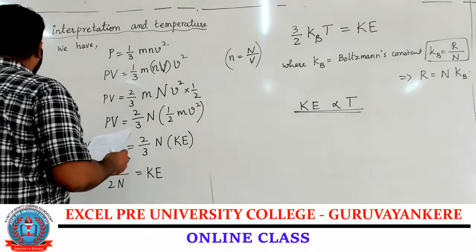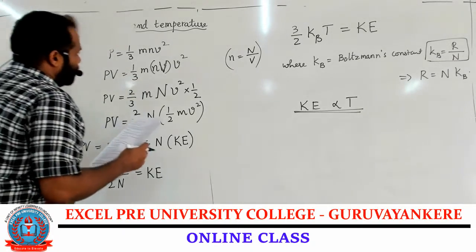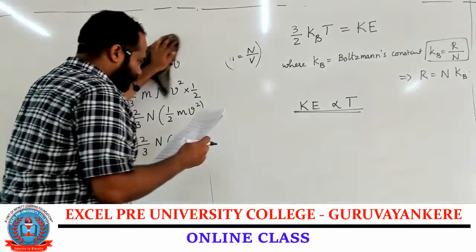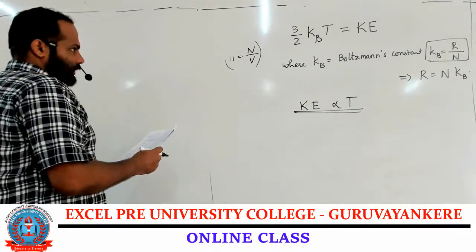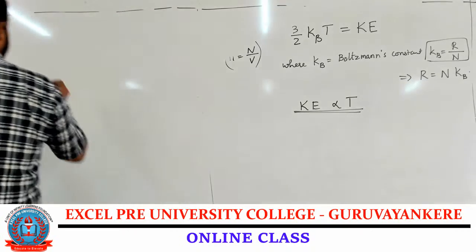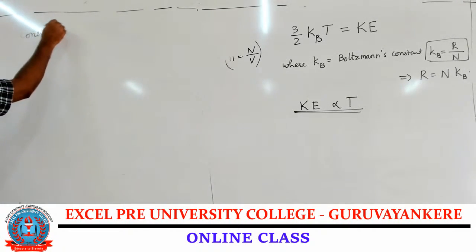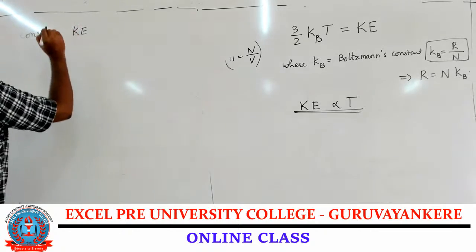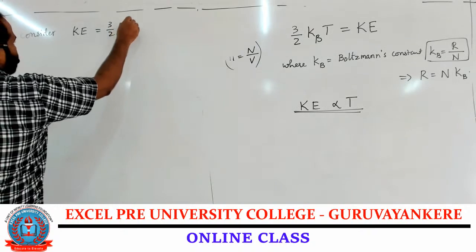Okay, next we'll go to degrees of freedom. What do you mean by degrees of freedom? Before that, there is an equipartition of energy. So, consider kinetic energy to be 3 by 2 kBT, right?